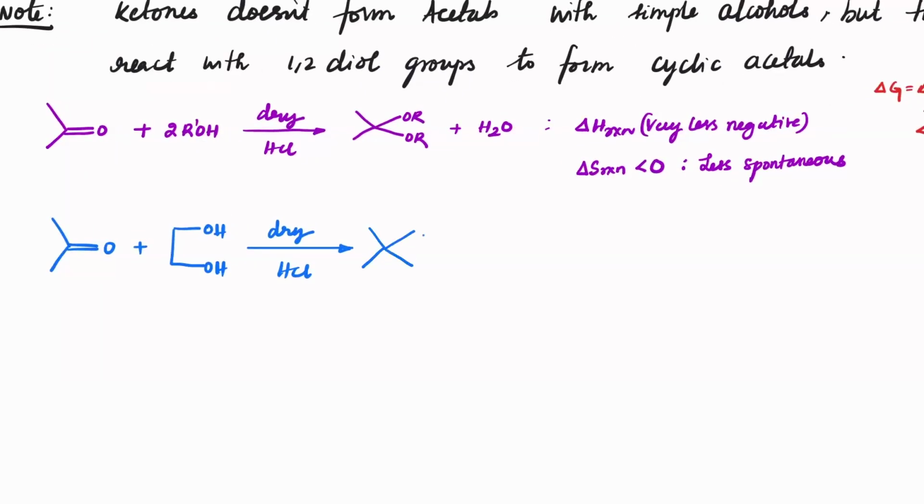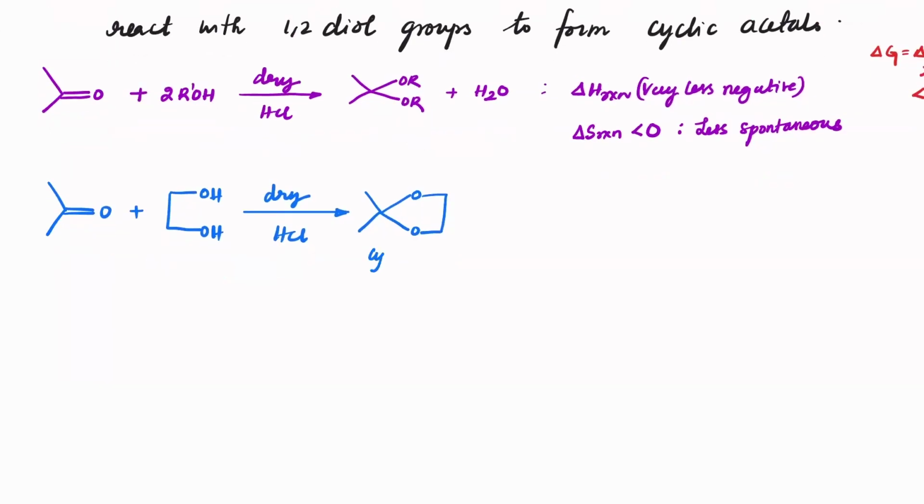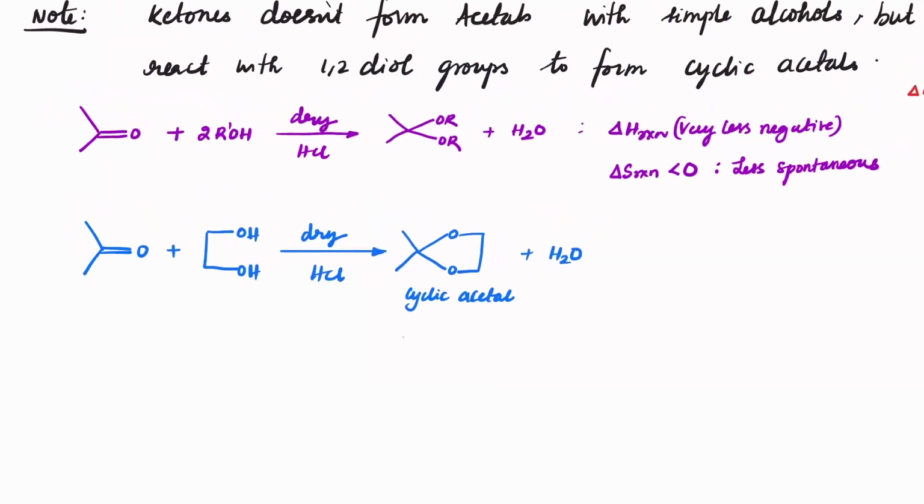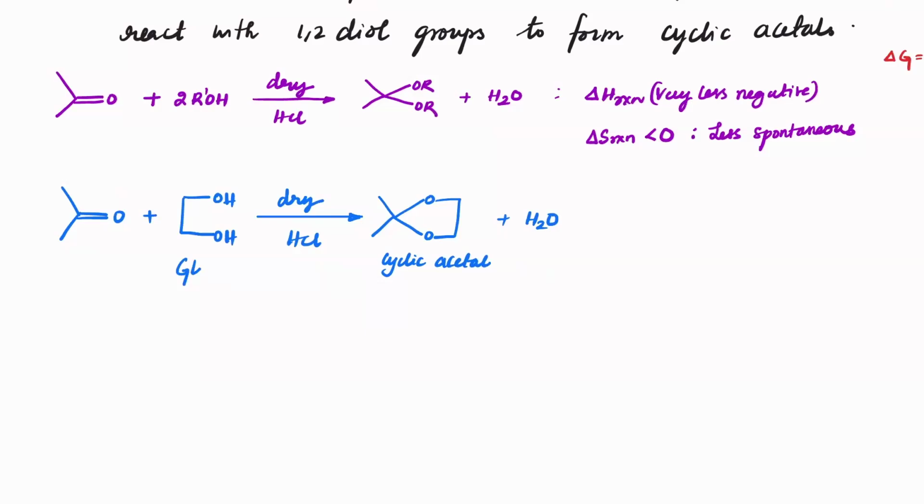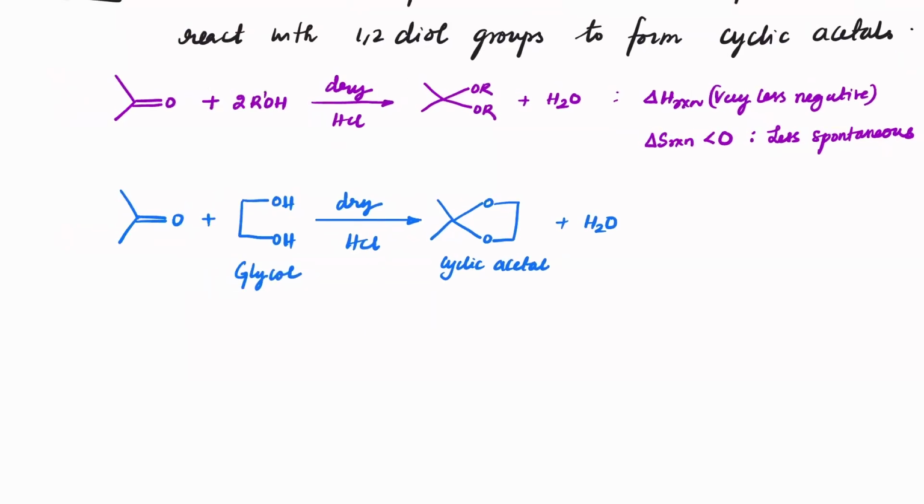We will get a cyclic acetal form, plus H2O. This is glycol. Due to the cyclic acetal form, this will be a very stable form, right? It will try to stay this way.